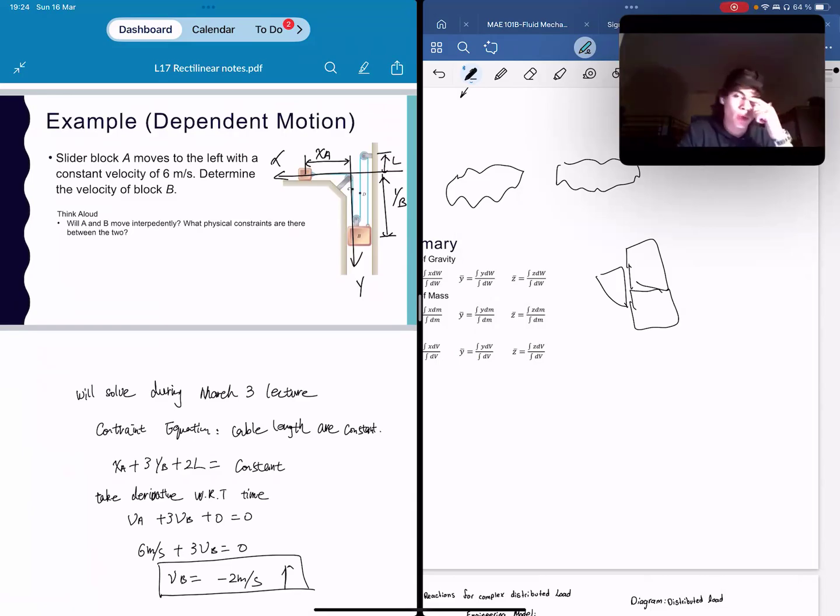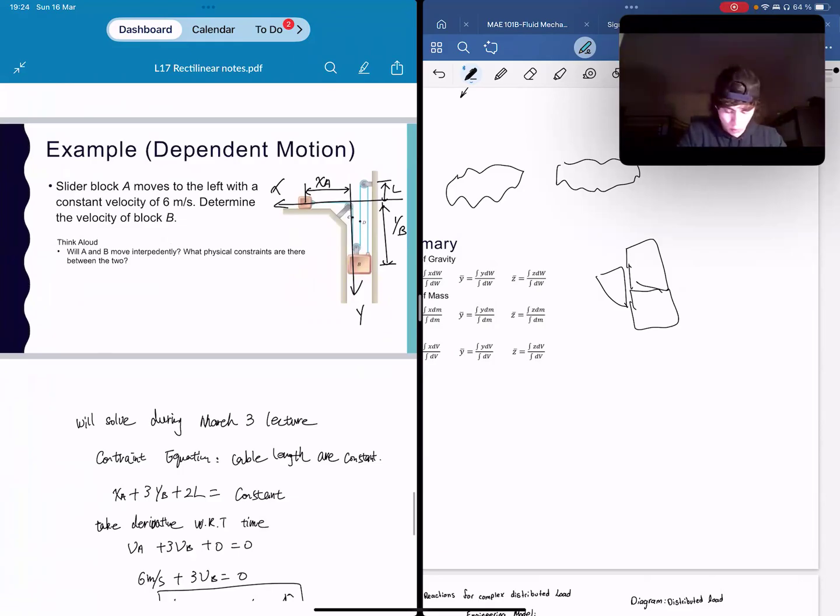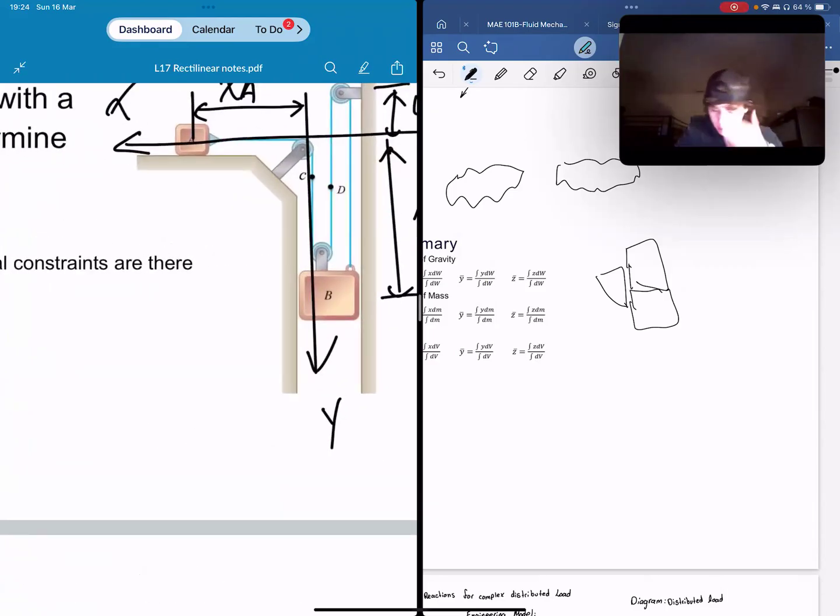So anywhere here, for example, XA and YB are changing, right? But there are parts of the cable that will not change. They will remain fixed. And the total length of the cable is also fixed, right? That's a constant. So you could make an expression for the length of the cable to be equal to XA plus 3YB plus 2L, right? 3YB because there are three cables in between YB.